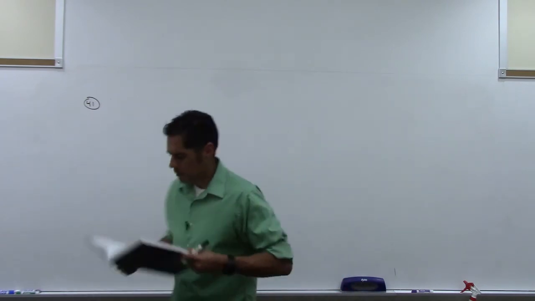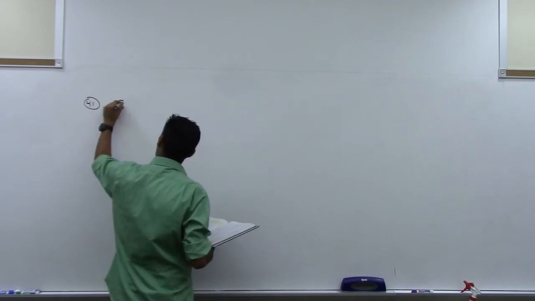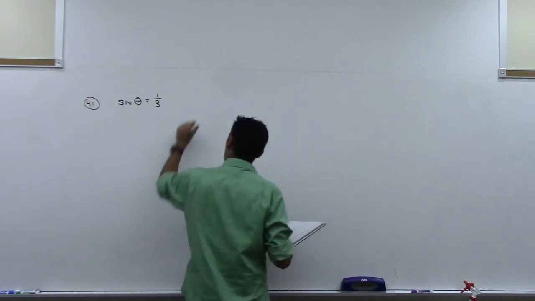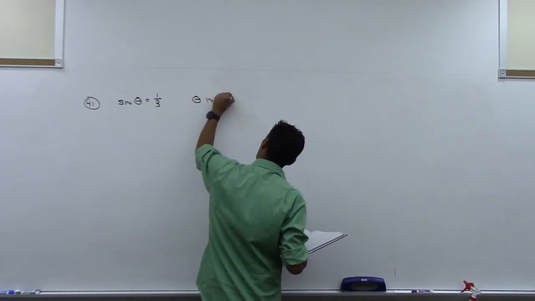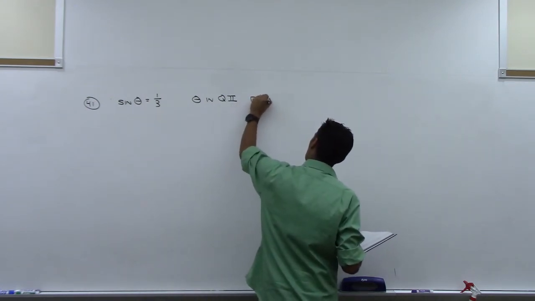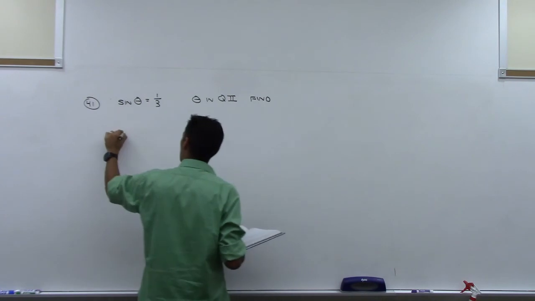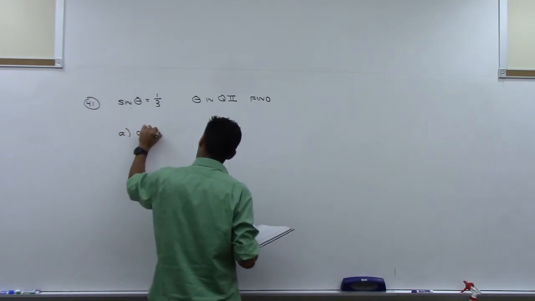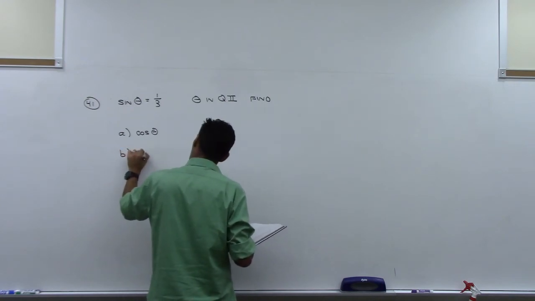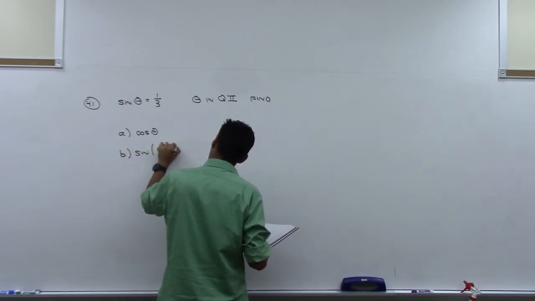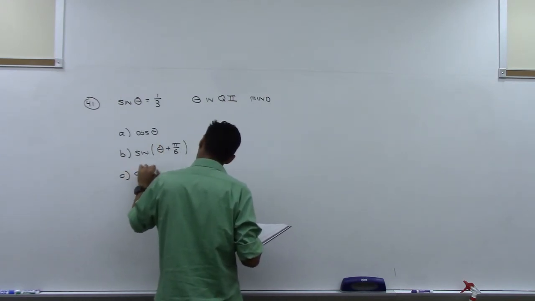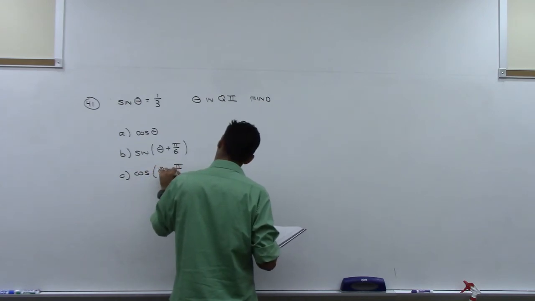41. All right, it says if sine of theta is 1/3, and theta is in quadrant 2, find A, cosine theta, B, sine of theta plus pi over 6, C, cosine of theta minus pi over 3.